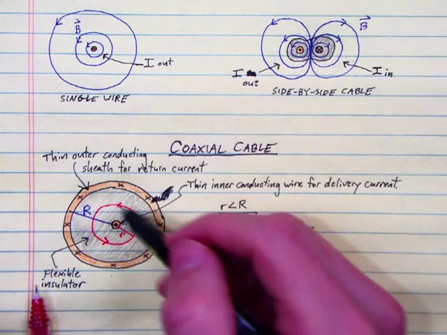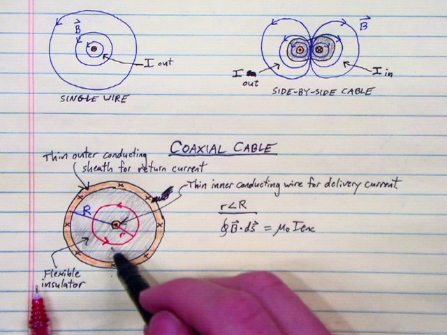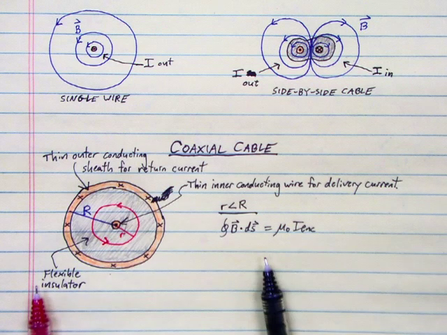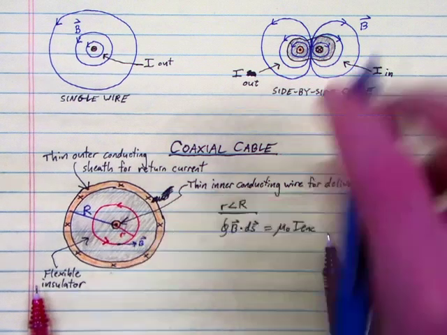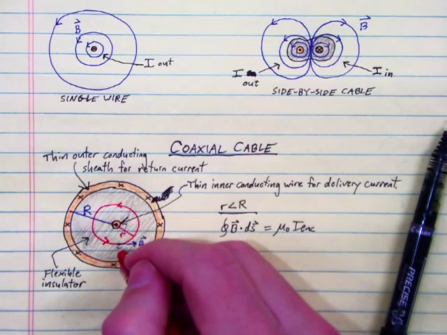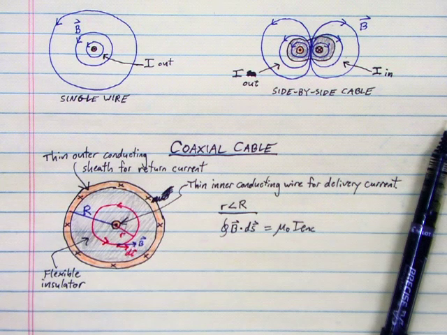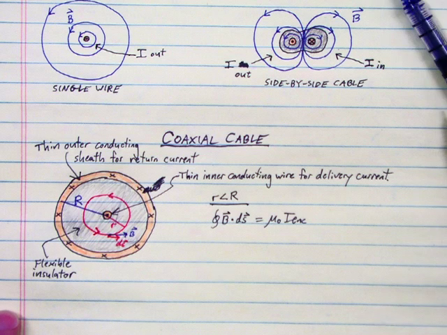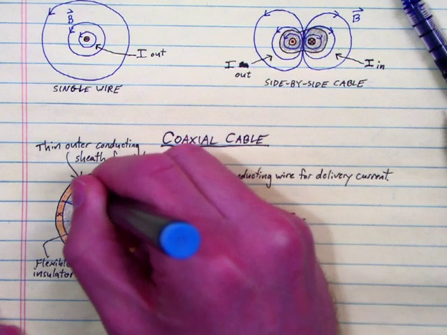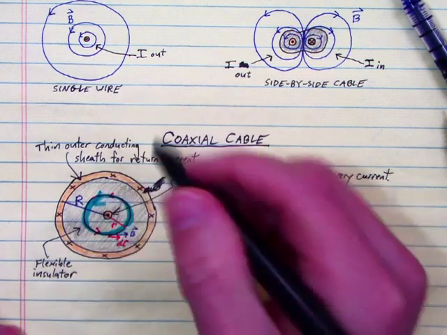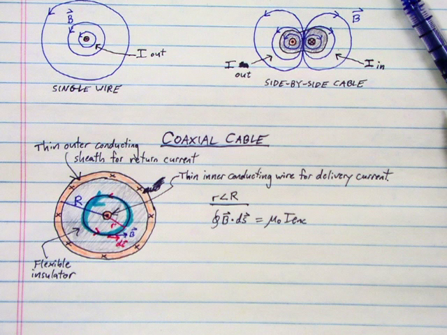And note from our symmetry here, in the cases we've considered before, that we must have a magnetic field pointing parallel to our ds's at all of the locations on that loop. This B and this ds pointing in the same direction. We must have a B field line like that, lined up with our Amperian loop, as we've seen before.